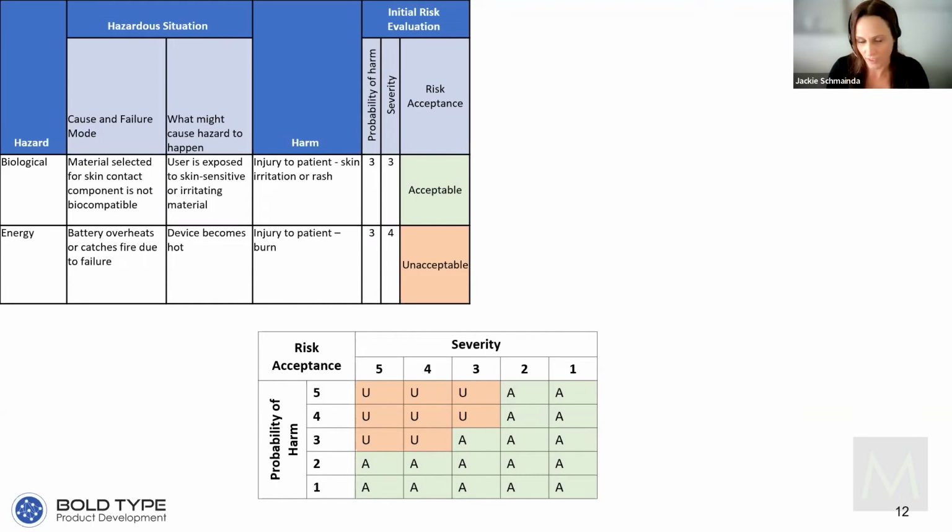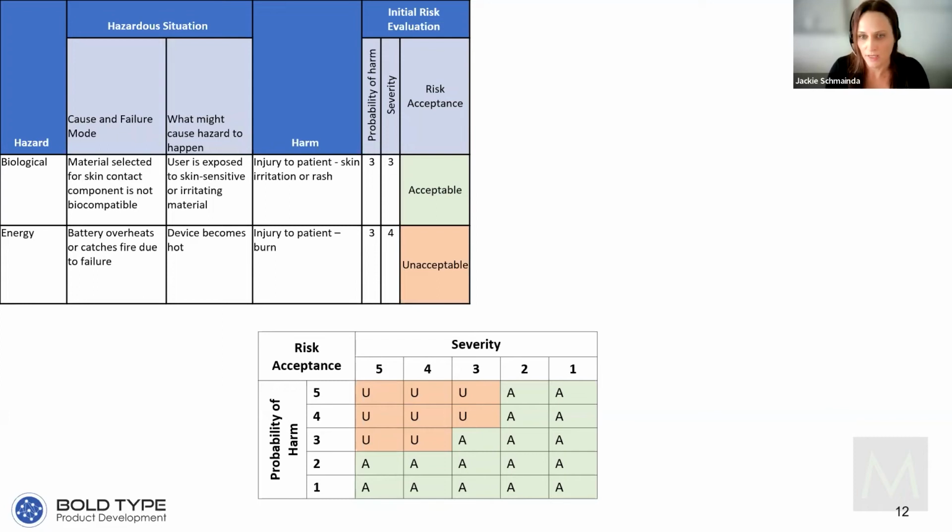So now you want to transition into what's the probability of this occurring prior to application of a risk control. So before you do anything, what's the probability of harm? You want to rate this a little bit high because you're not applying any risk control. So in our example here, we've assigned a probability of harm of 3.